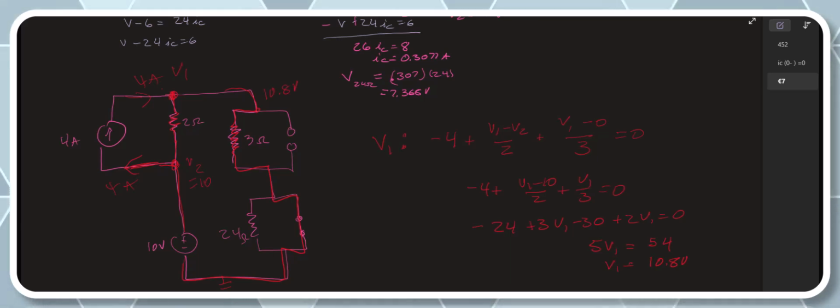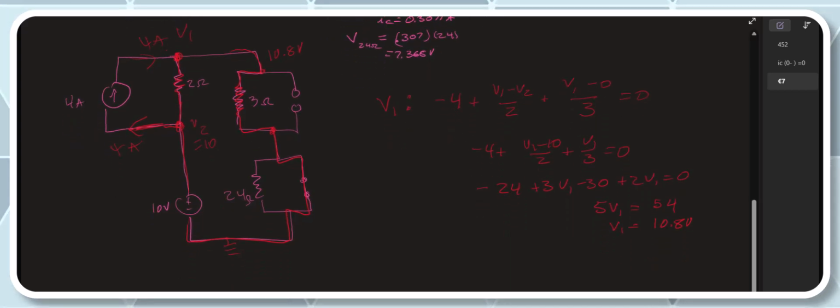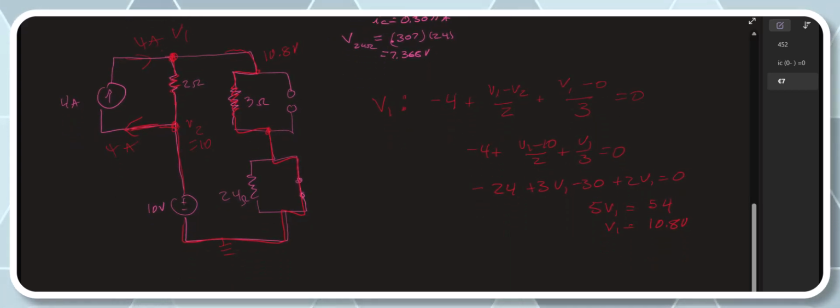Then the current through the 3 ohm resistor, let's see, 10.8 volts there, and 0 volts here. So that would mean that VC at infinity has to be 10.8 volts. And IL at infinity has to be the same as the current through that 3 ohm resistor because they're in series.